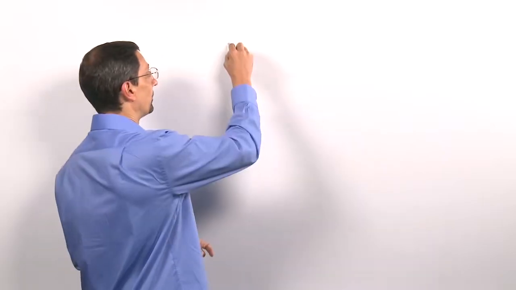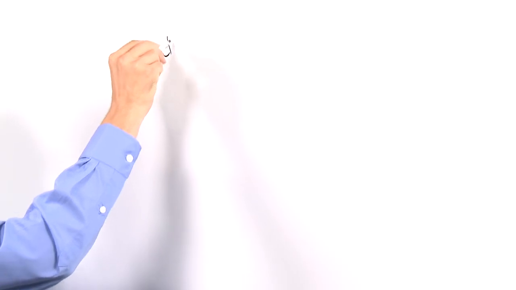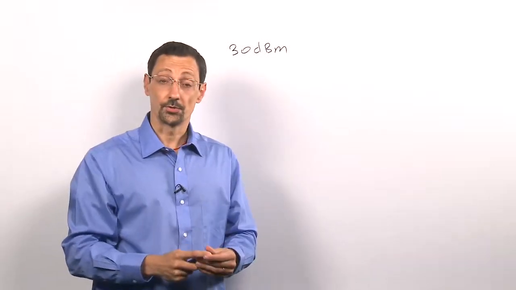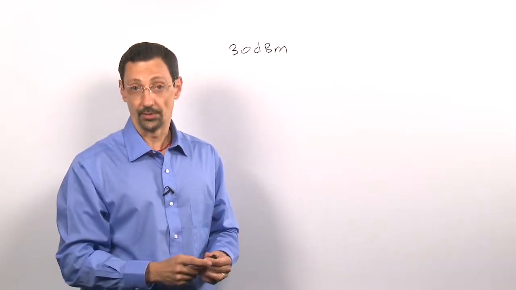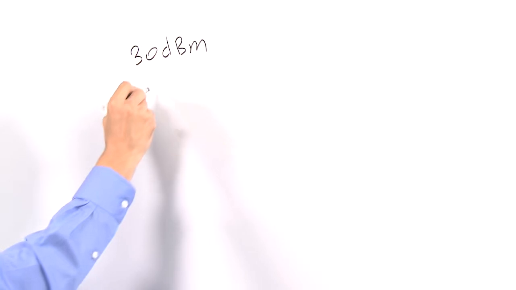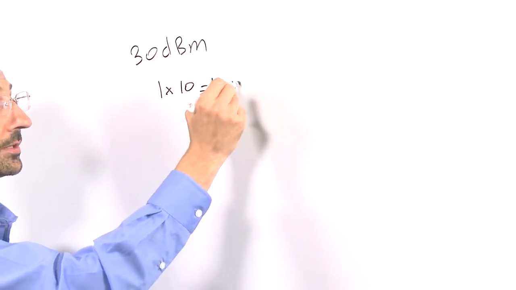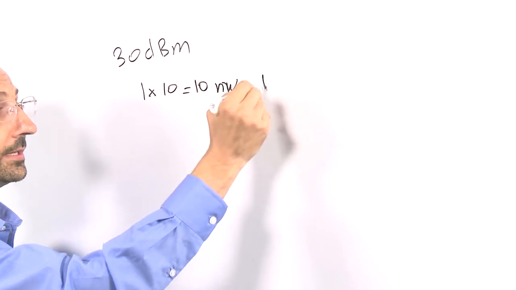So let's take, for example, 30 dBm. Start from 1 milliwatt and climb your way using the tens first and then the threes if you have to find 30 dBm. So 1 milliwatt times 10, that's going to be 10 milliwatts, and you know that's 10 dBm.